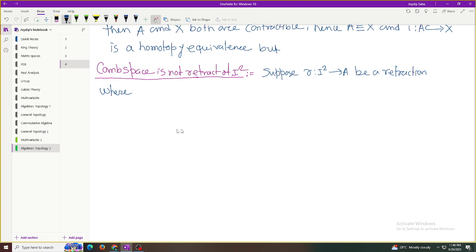Where A equals, recall, the comb space: the set of (x, y) in R squared such that 0 ≤ y ≤ 1, x equals 0 or 1 by n, or y equals 0 and 0 ≤ x ≤ 1.